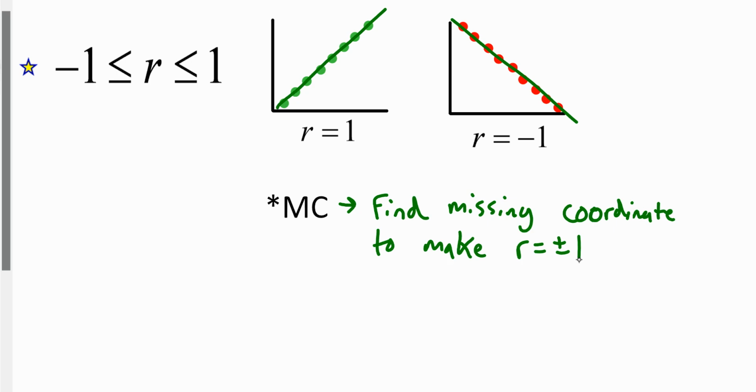So if you want a perfect correlation, you have to find that missing value. So for instance, we might have this perfect thing. They might say, what is this coordinate going to be? Okay? So I would find the equation of the line, use x and y to find it. And we're going to get into that in a more detailed fashion coming up.